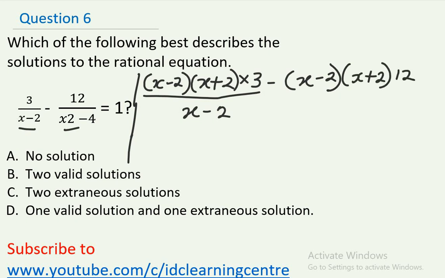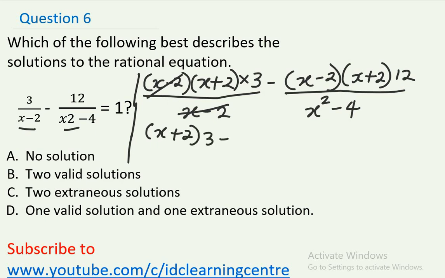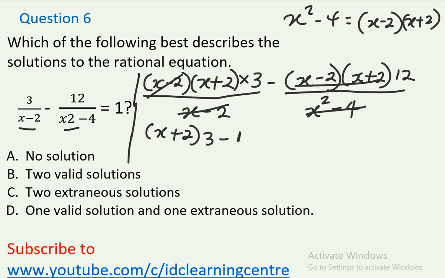Then here is the 12. Now divide this by x squared minus 4. So of course this breaks this. You have bracket x plus 2 close bracket times 3 minus 12 for the second term. For the right hand side, you know, difference of two squares, x squared minus 4 is same thing as x minus 2 bracket x plus 2. So that means this can actually break this and you'll be left with 12.